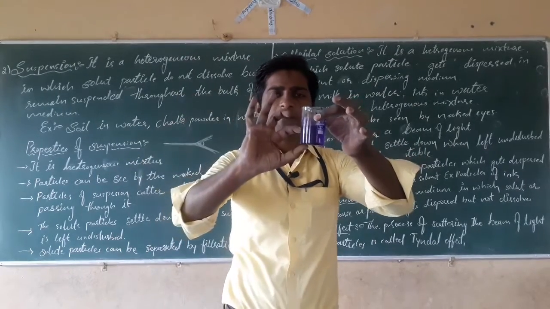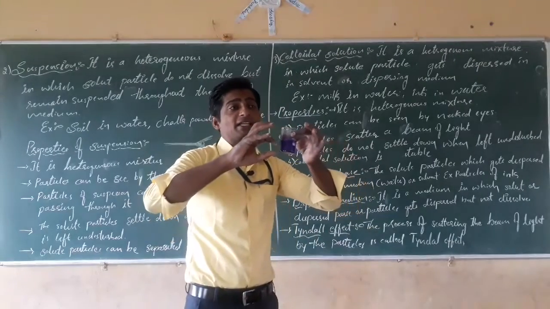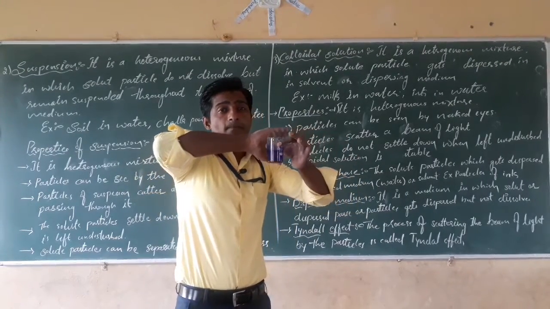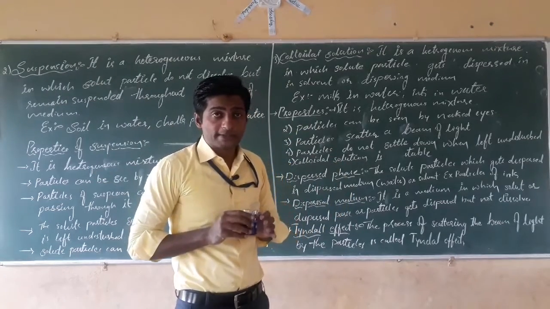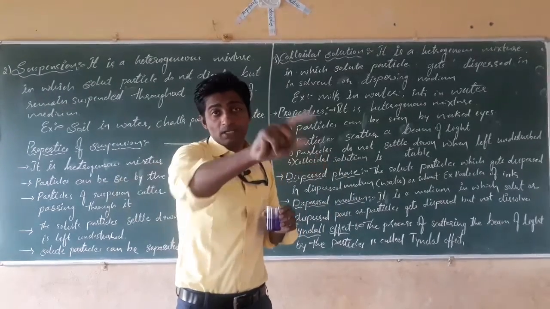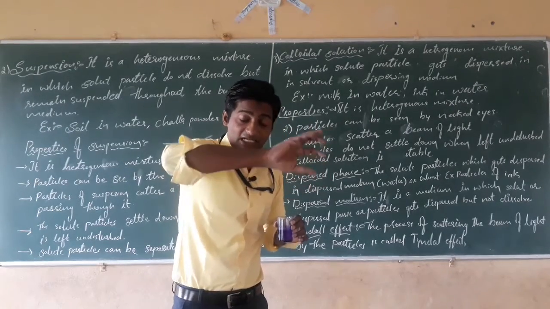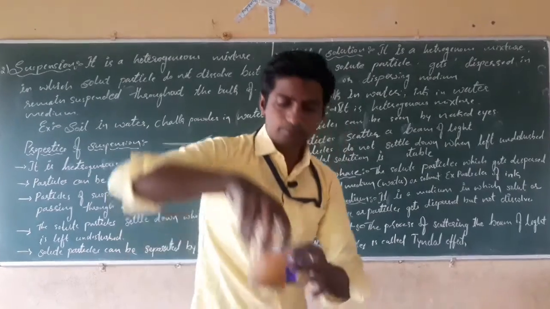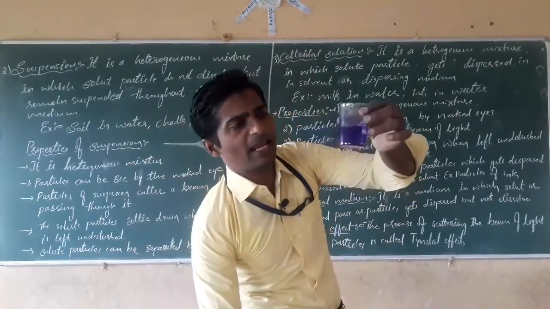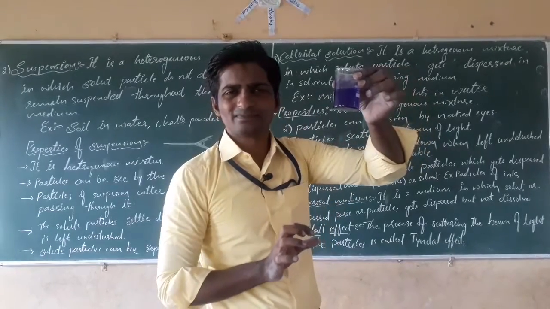Then what happens? After a few seconds or minutes, the whole ink particles get present in the bulk of the solution. That gets dispersed. It will not dissolve. The ink particle or the milk particle will not dissolve, and it will not settle like soil, but it will remain in the bulk of the solution.